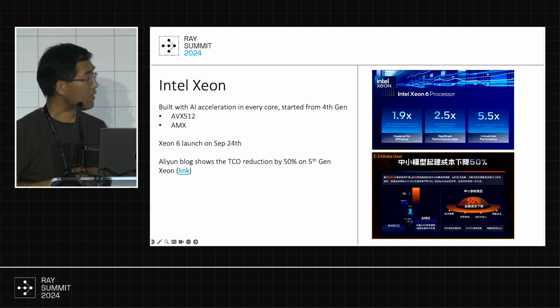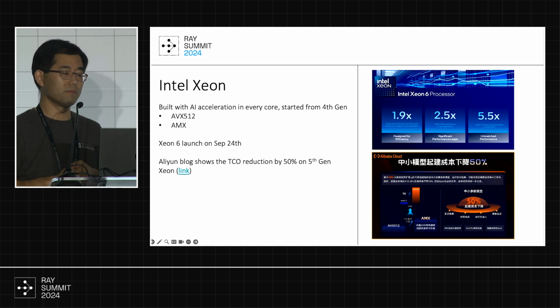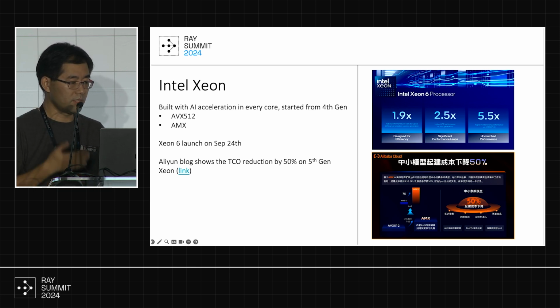So this is the latest generation. The previous generation is the 5th gen, codenamed EMR, Emerald Rapids. Our partners like Alibaba showed a blog, I believe earlier this year in the January, February timeframe, showing a TCO reduction of 50%.